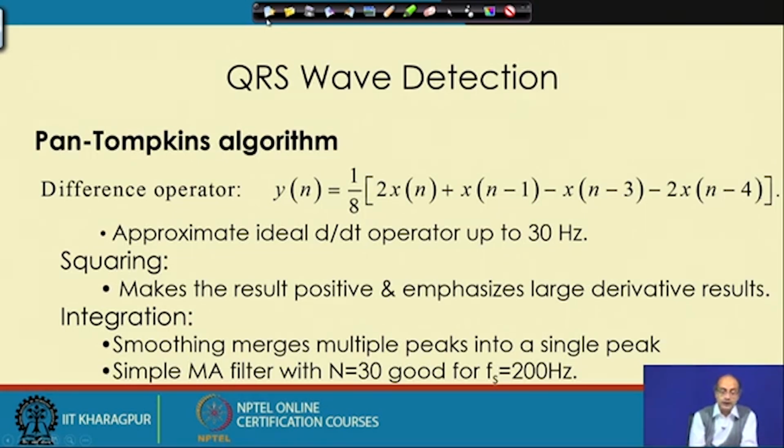But I think what they may have done is, in the MA filter, when you are supposed to compute the average, they may have taken just the sum, because following this there will be a threshold operation. So, if the division by 30 is omitted, instead of the average we will get the sum, which will simply give a scaling.